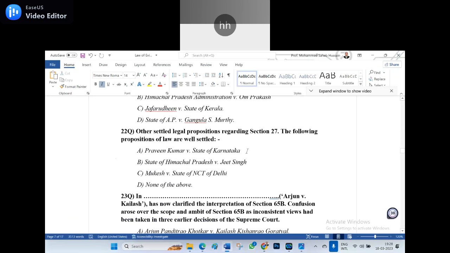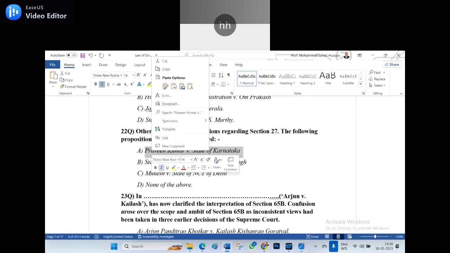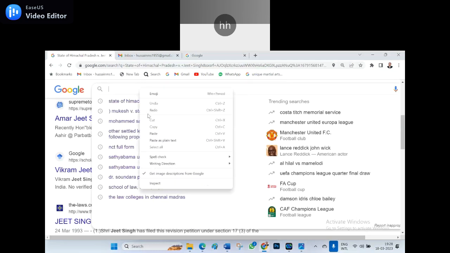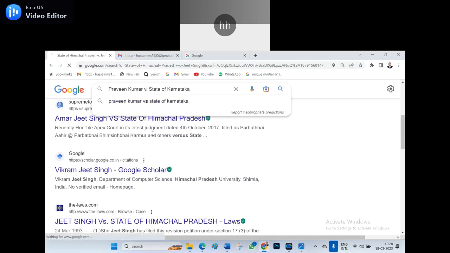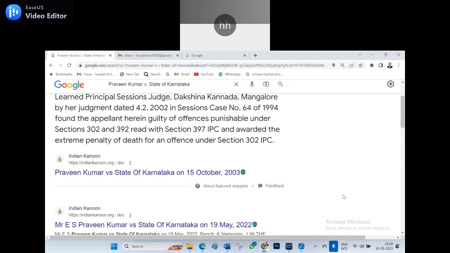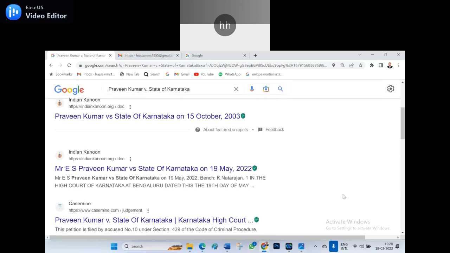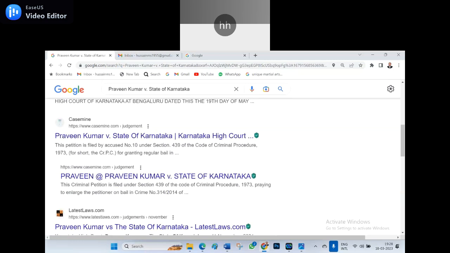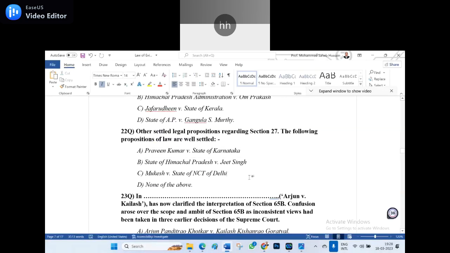Only this is left now, because we are dealing with Section 27. Principal Session Judge, Dakshina Kannada, Mangalore. This is a different one, 302 it is. Anyway, I don't know what I have forgotten there when I was preparing it. Other settled legal provisions regarding Section 20.